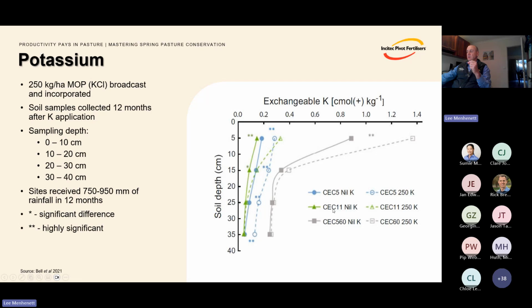On a loam soil, the influence probably gets checked to about 15 centimetres. There's a highly significant difference in the top 5 to 10, but only significance to 15 and then nothing after that. So soil texture plays a really important role in our strategies around rates of potassium and capital rates of potassium, and it's worth noting.